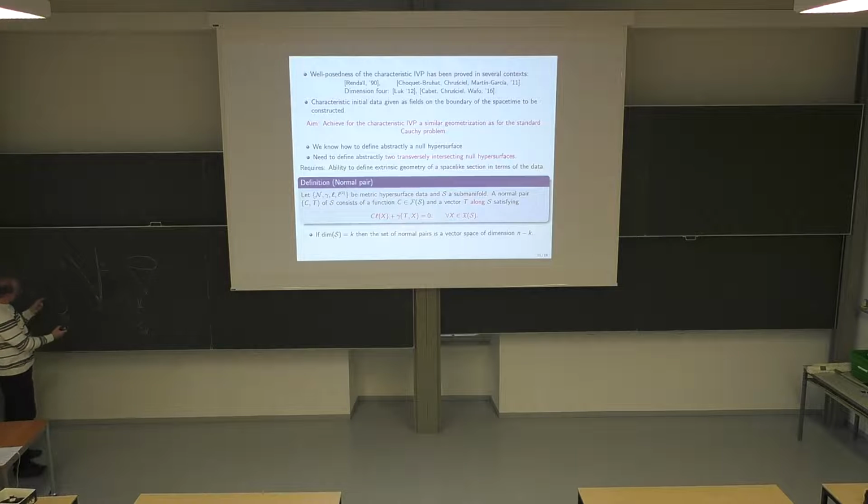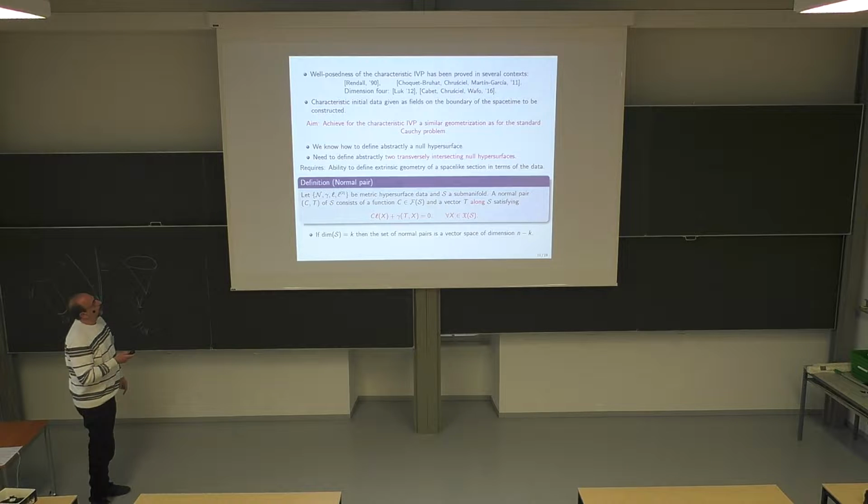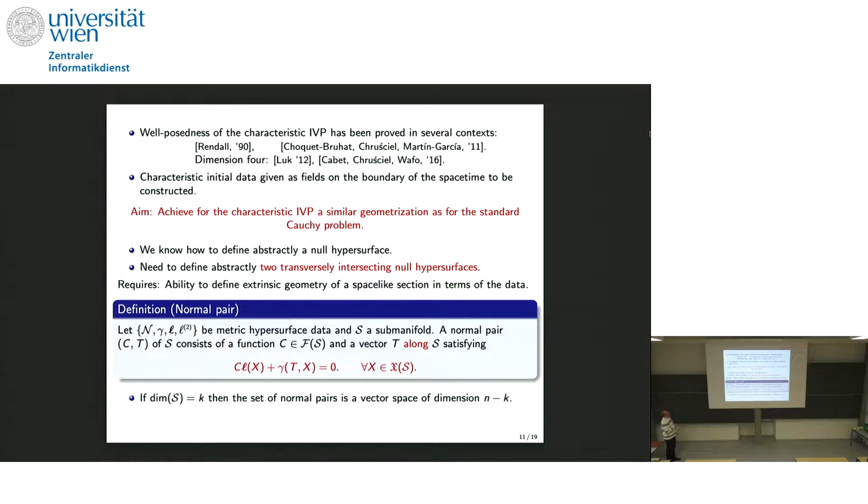What you want to do is to impose certain compatibility conditions on these boundaries, so that it will eventually allow you to identify them in the space-time you want to construct. And to do that, one needs to be able to define some extrinsic geometry, because identifying this will require some extrinsic geometry information at the abstract level.